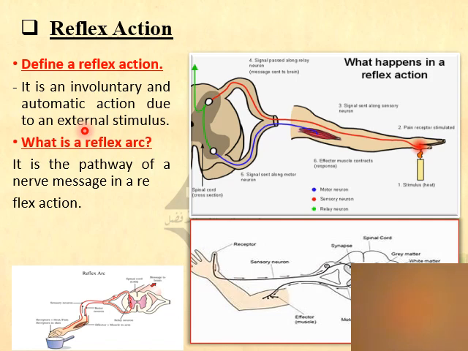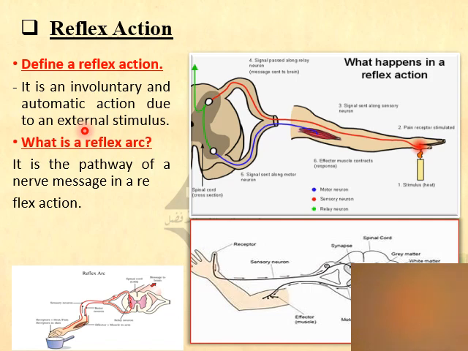And the same when the light shines up or is bright, the pupil of the eye is going to shrink or contract, and this is also taking place without conscious and due to a stimulus, which is the light. So the reflex action takes place due to an external stimulus, and it is an involuntary and automatic action. And when I say involuntary, I mean without conscious.